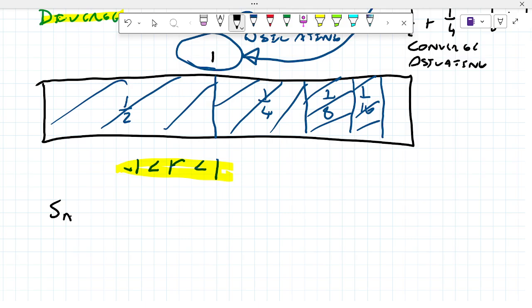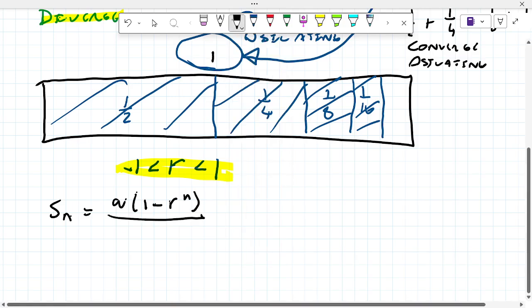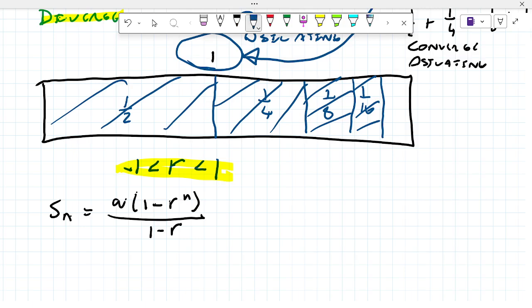The formula says Sn equals a times (1 minus r to the power n) over (1 minus r). But if I look at this r to the power n, as n becomes infinite, r^n is approaching 0.